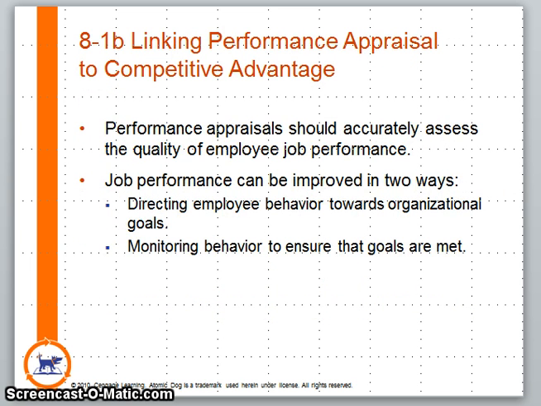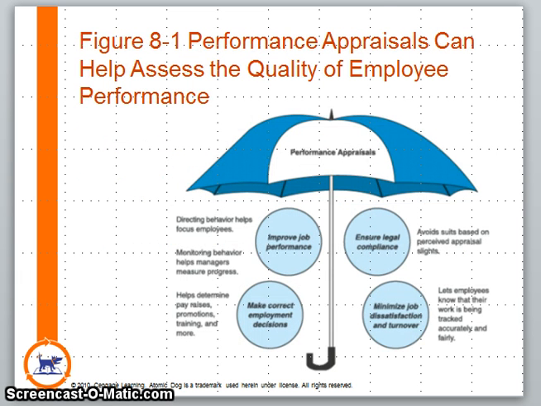Linking performance appraisal to competitive advantage. Performance appraisals should accurately assess the quality of the employee's job performance. Job performance can be improved in two ways: directing employee behavior towards organizational goals, or monitoring behavior to ensure that those goals are met. As you can see, the umbrella, that's performance appraisals.